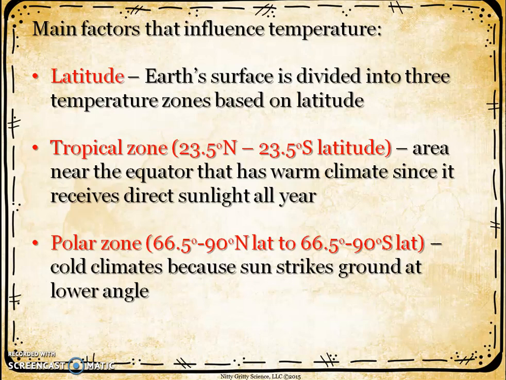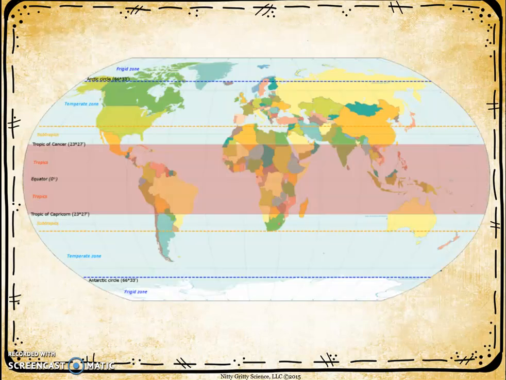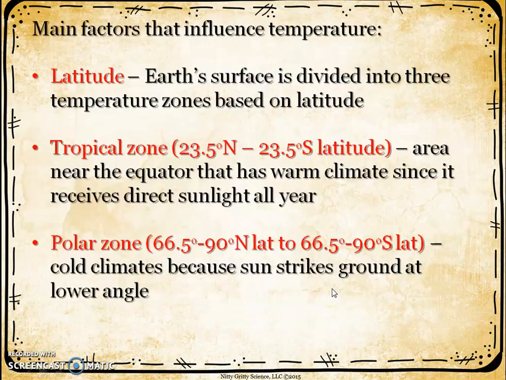That's your area here in the tropics, your Tropic of Cancer, all the way south to your Tropic of Capricorn. So we're looking at that area right there, 23.5 degrees is our tropics there.